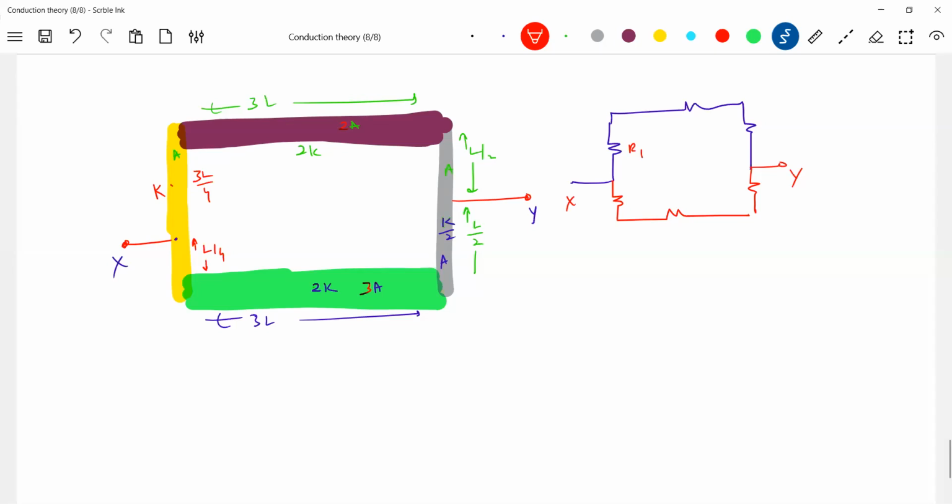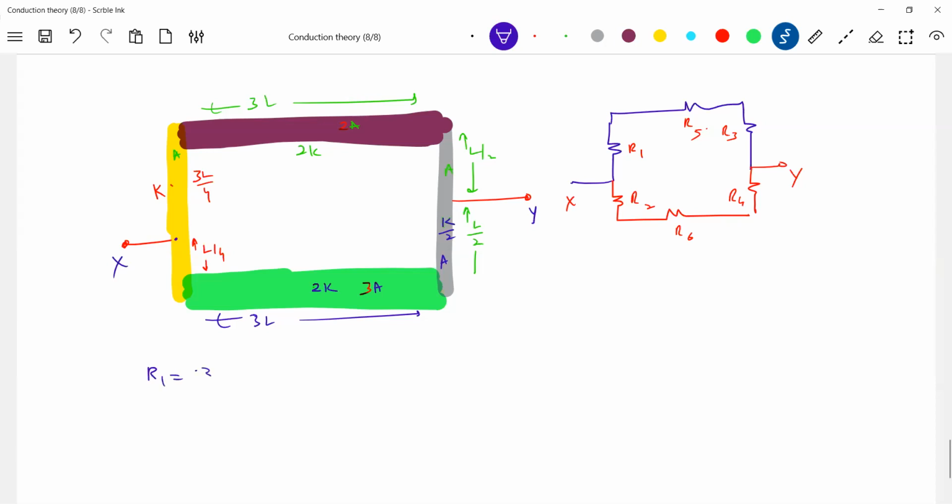So call these R1, R2, R3, R4, R5, R6. Symbols will make it analogous. It'll be easy. R3, R4. Let this be R5. Let this be R6. What is R1, R2? We don't know. How to calculate R1?